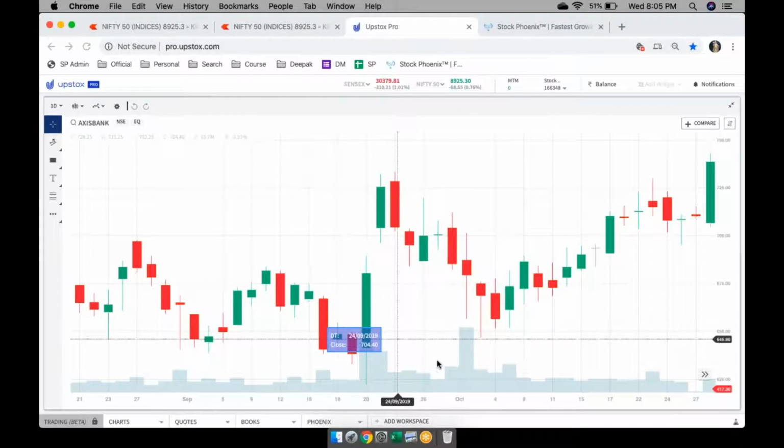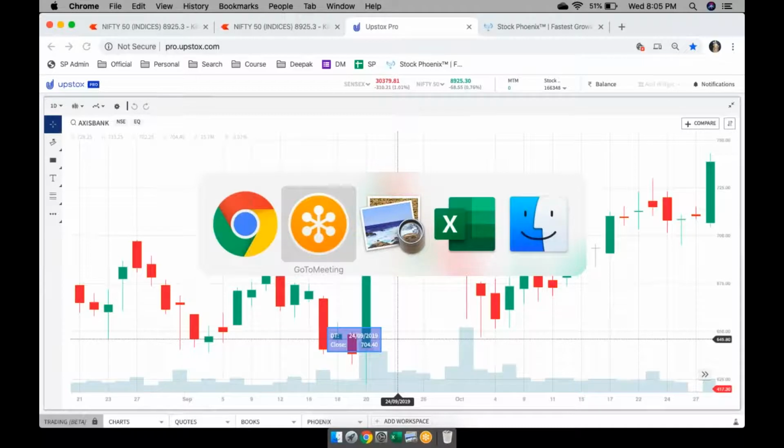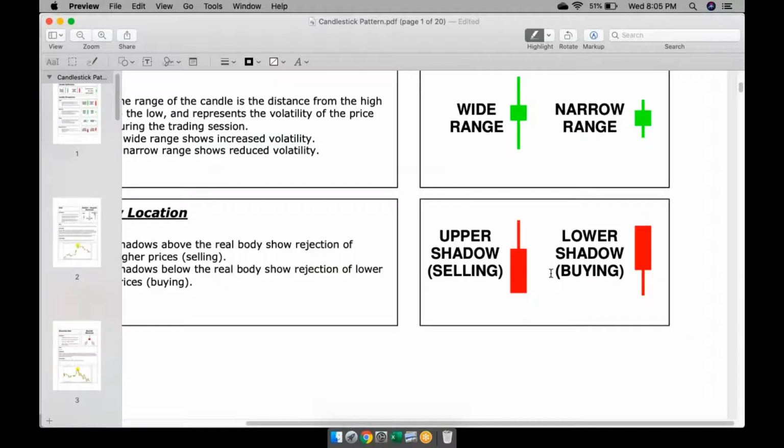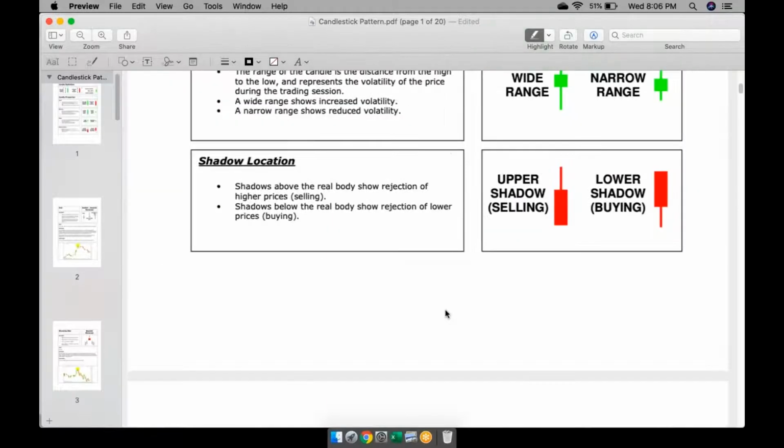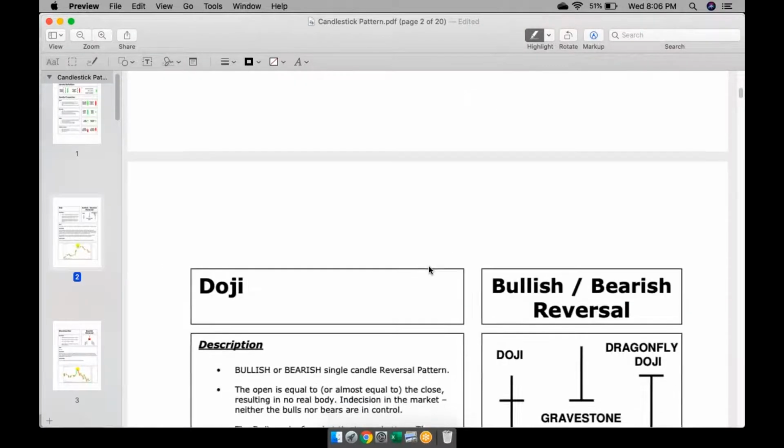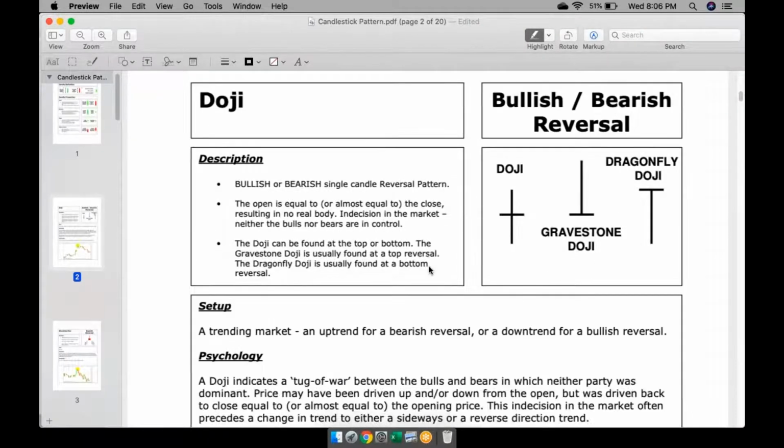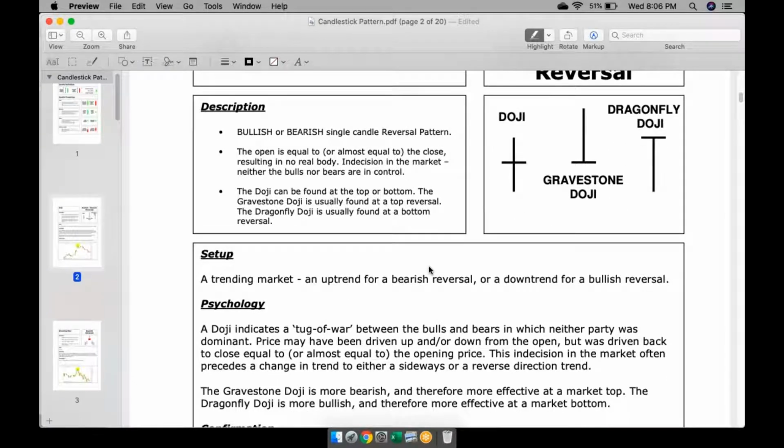So next is candlestick patterns. It's very important.